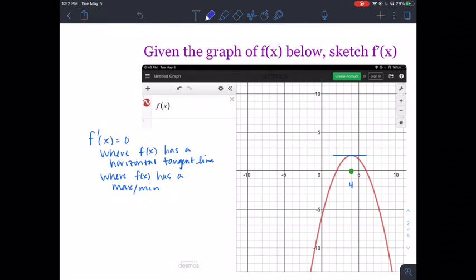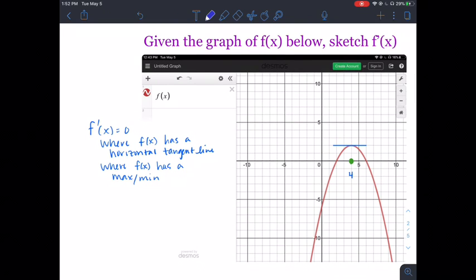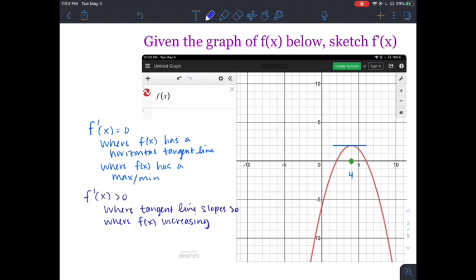If you recall, your derivative has to do with the slope of your tangent lines. So if I want to know where f prime of x is positive, that's asking where the tangent line slopes are positive, which is the same thing as asking where f of x is increasing.